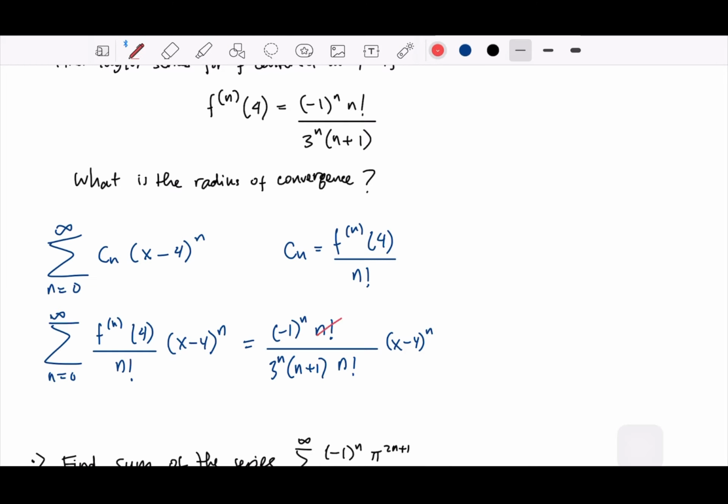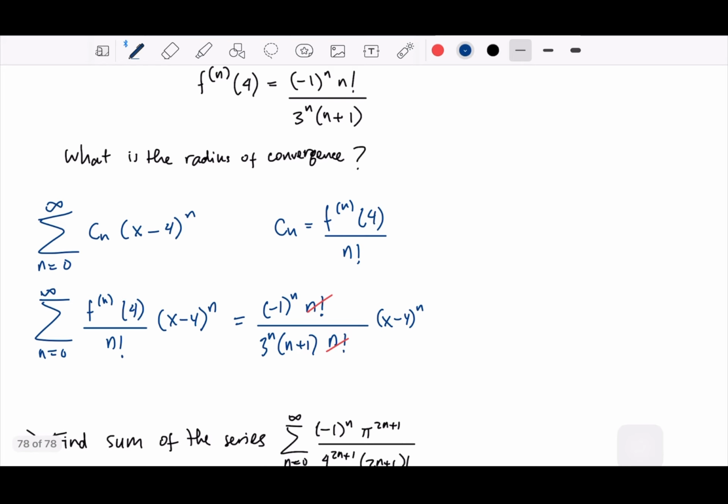I think we can cancel this. And then we have this series, and we can write that this is the Taylor series for f centered at 4.